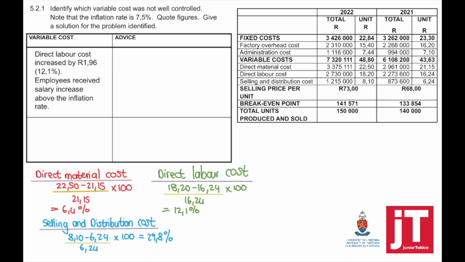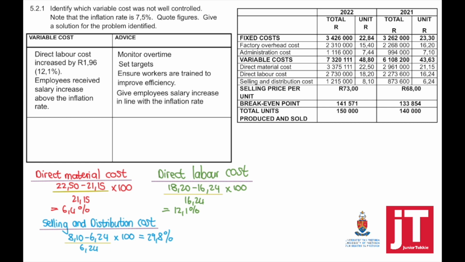Your direct labor cost increased by R1.96, which is 12.1%. Employees received an increase above inflation. Advise, monitor the overtime, set targets, ensure workers are trained to improve efficiency, give employees salary increases in line with the inflation rate.